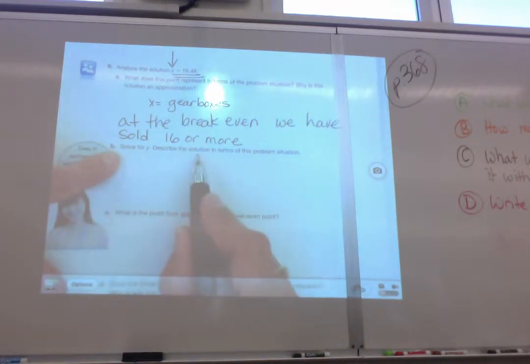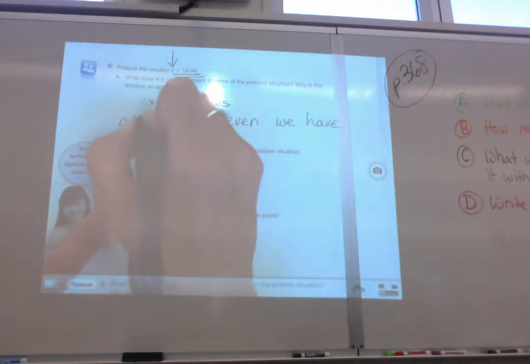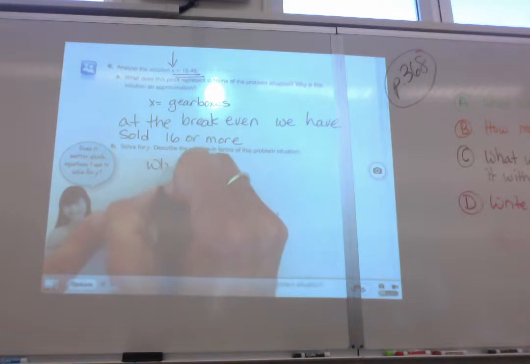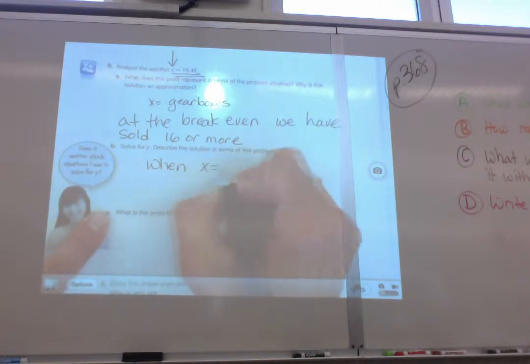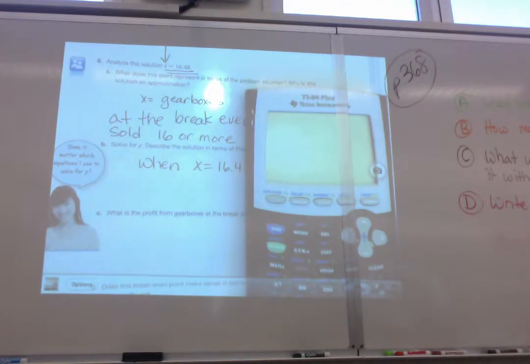Okay, solve for y. Describe the solution in terms of this problem situation. We've already done this, x equals 16.48. What was our intersection point? What did y equal? Did anybody write it down? It's on my calculator.